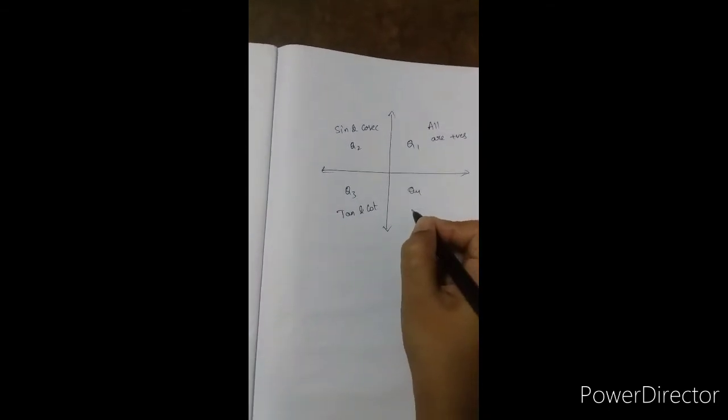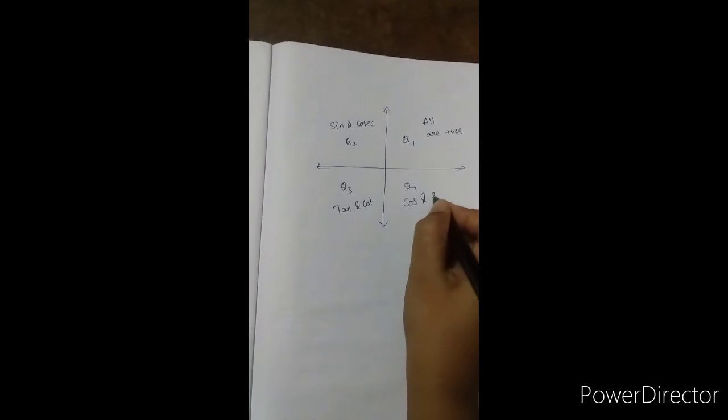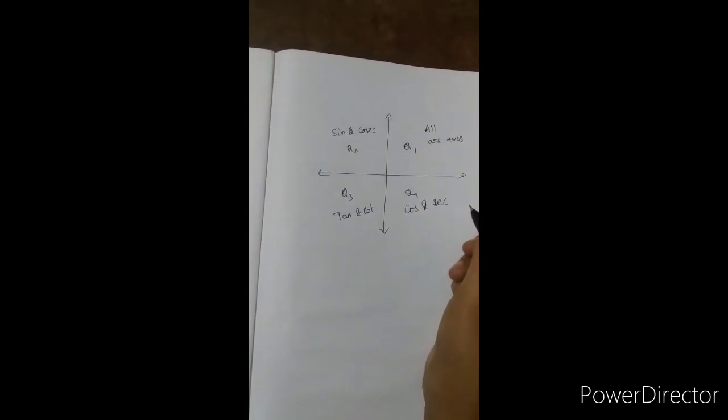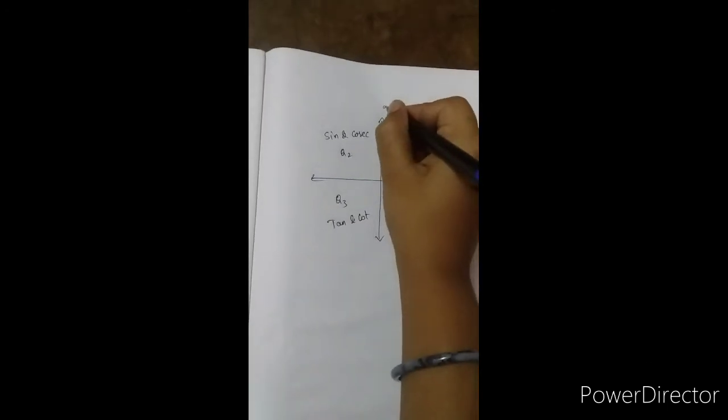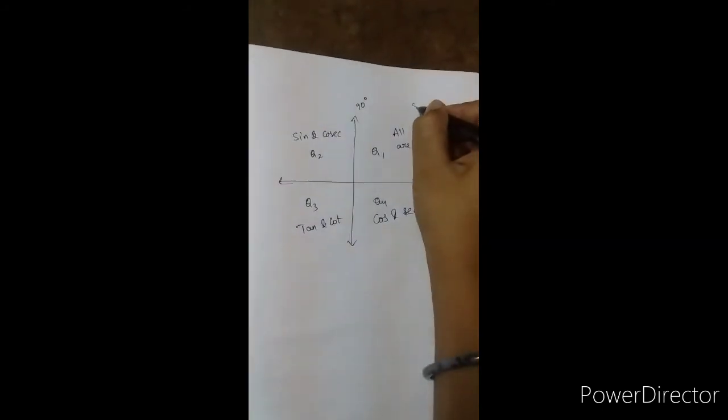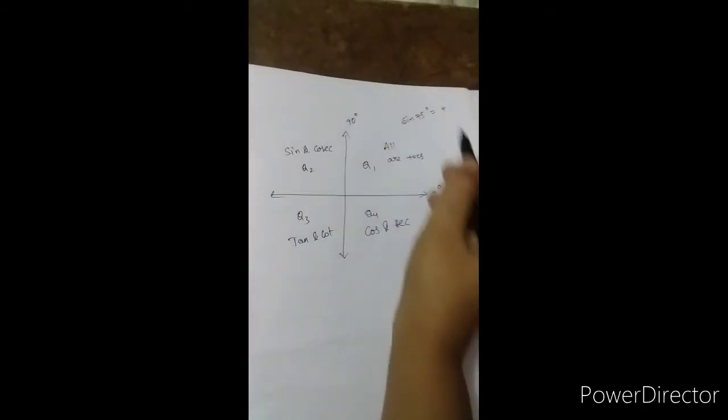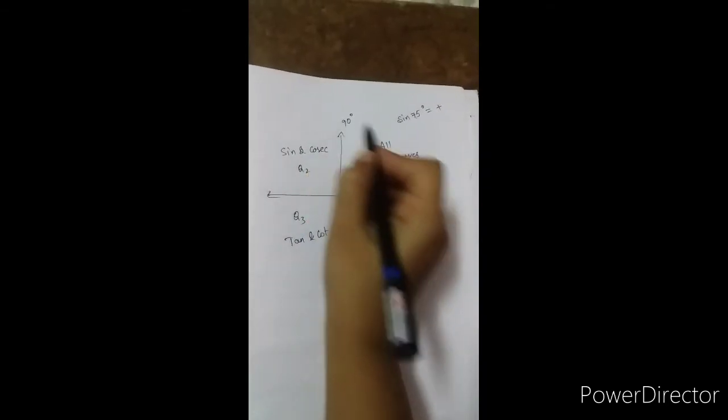In quadrant 4, cos and secant are positives, which means quadrant 1 is between 0 degrees to 90 degrees. So if we consider sine 45 degrees, the answer will be positive because 45 is between 0 to 90. That means it is in quadrant 1.